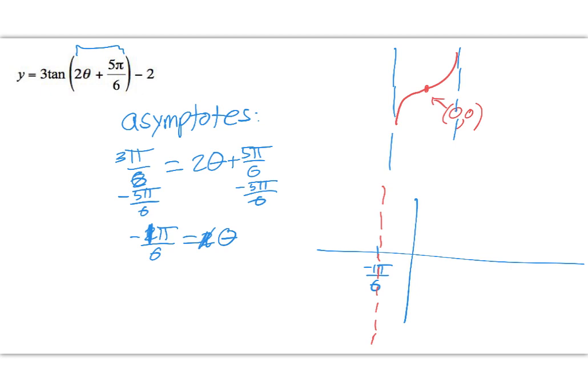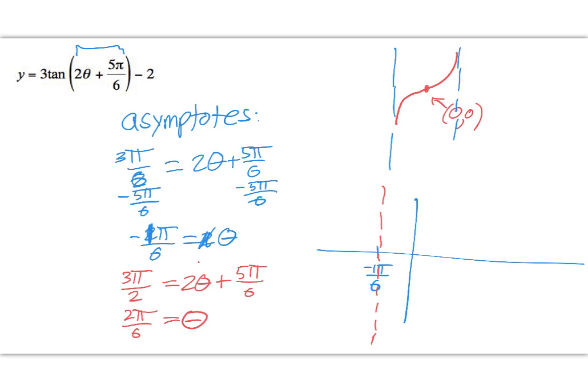Okay. The next asymptote, instead of being at pi over 2, would happen at 3 pi over 2. And I'm going to set that equal to the same equation, 2 theta plus 5 pi over 6. That's going to give me 4 pi over 6 divided by 2 is 2 pi over 6, and that's equal to theta. I subtracted 5 pi over 6 from both sides, then divided by 2, which is where I got that as my answer.